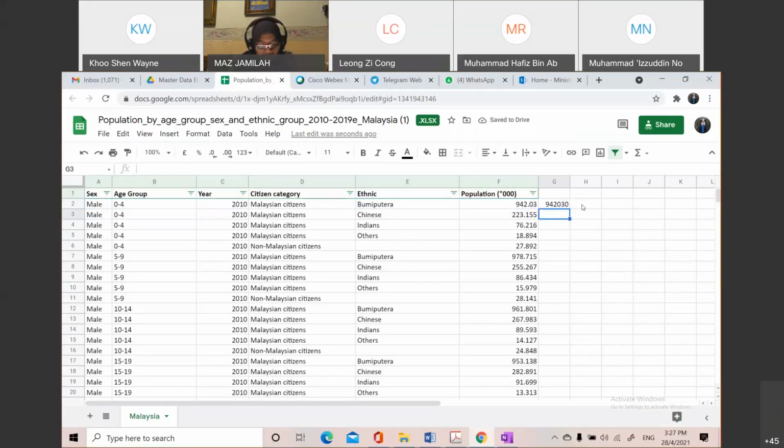That would be actual. You can use this as your sample size, the number of samples for male age group, for 2010, and for Bumiputera.